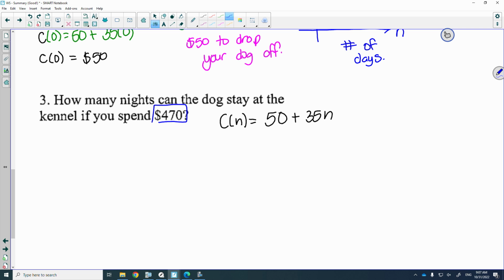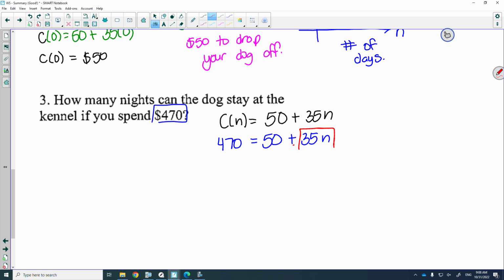There's only two places to put things. It's either y or it's x. So cost, where would you put cost? Is this cost or is this cost? Yes. 470 equals 50 plus 35n.